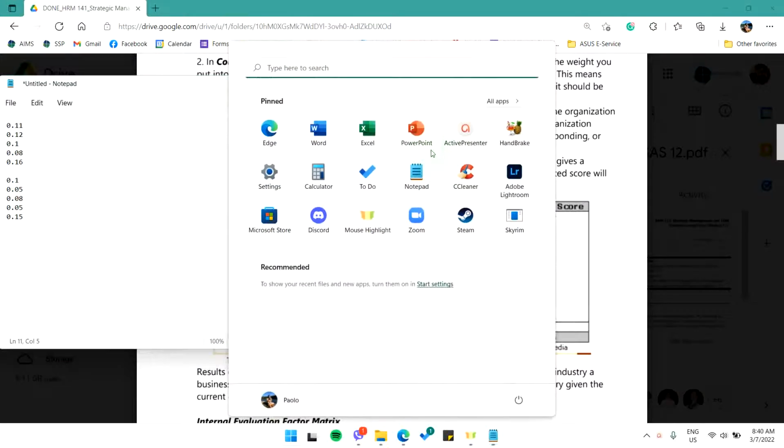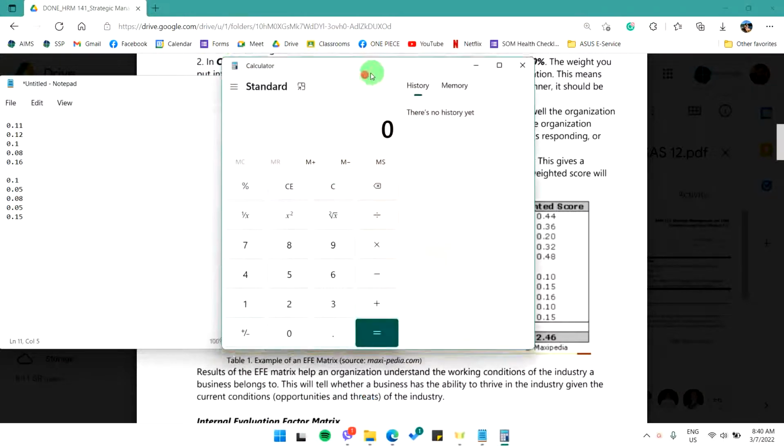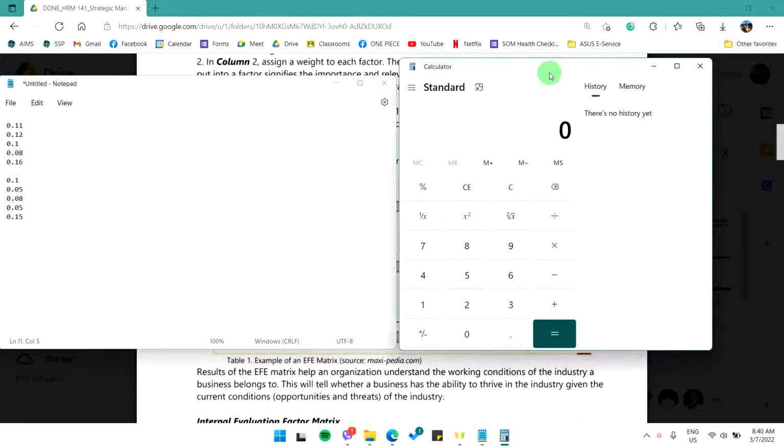Okay, let's continue. Tignan natin if all of this will add up to 1. 0.11 plus 0.12 plus 0.1, 0.08, 0.16, 0.1, 0.05, 0.08, 0.05, 0.15. 1 or 1.00.